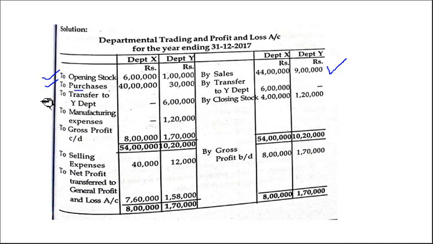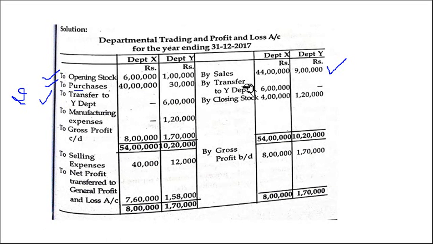This is a new transaction and it has got, as you know, 2 entries. It is a double entry system. So transfer to Y department. Here who receives it, that we have to mention. Here the goods are received by Y, because see, purchases, who makes the purchases, that we are writing. So who receives the transfer? 6 lakh. And who gives the transfer? That is a sales, right? It is similar to sales. As it is interdepartmental, we are writing transfer.